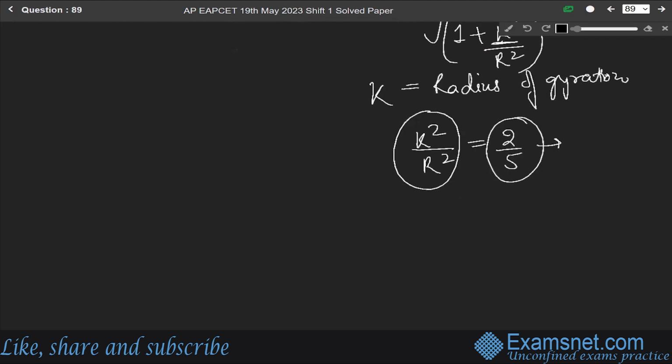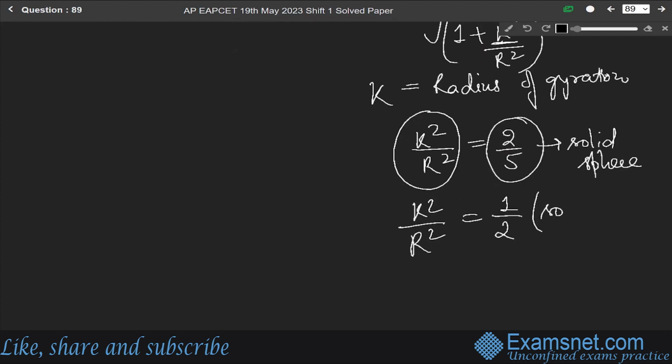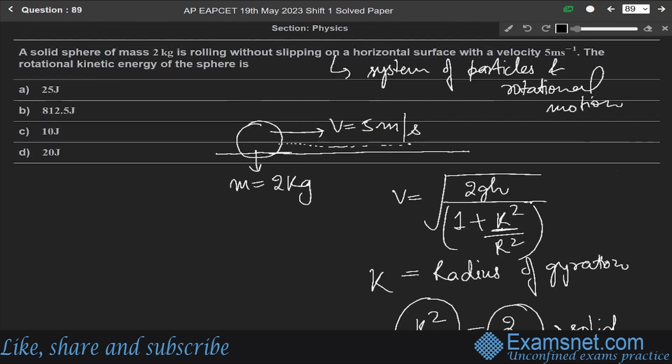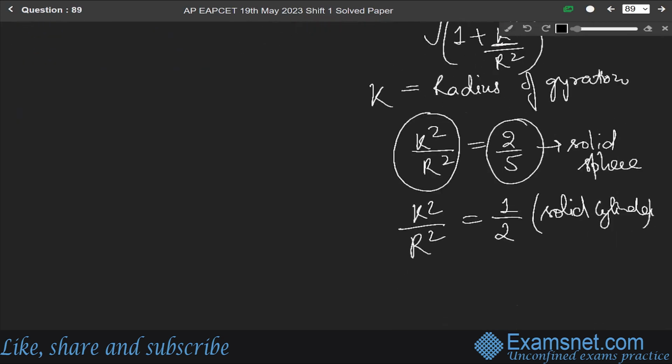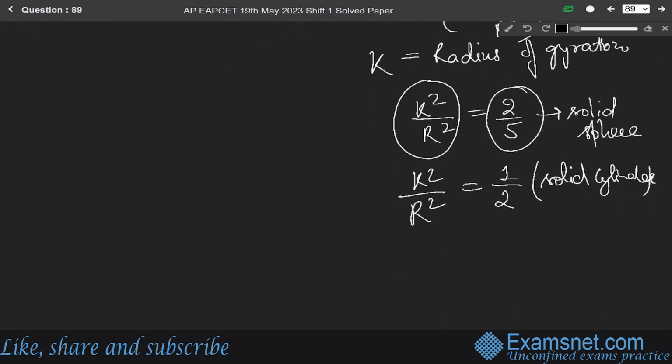And for a solid cylinder this value is 1 by 2. So when this solid sphere rolls on the surface without slipping, it acts like a solid cylinder.